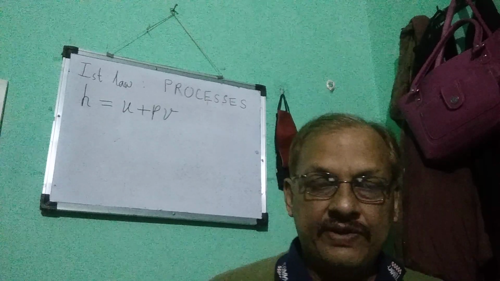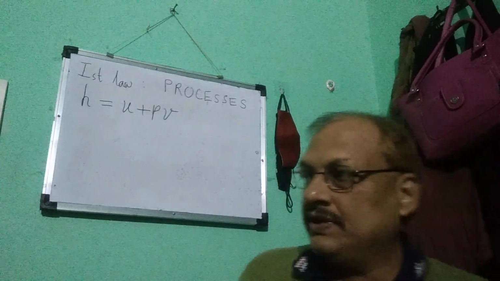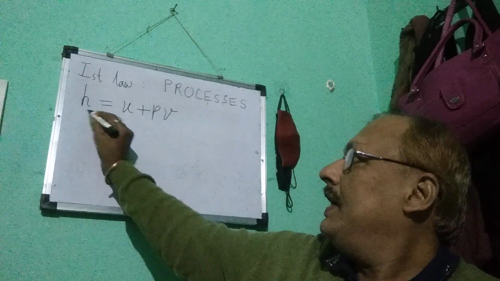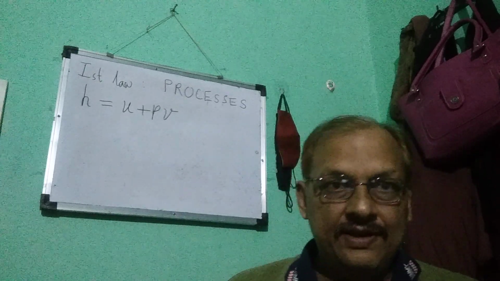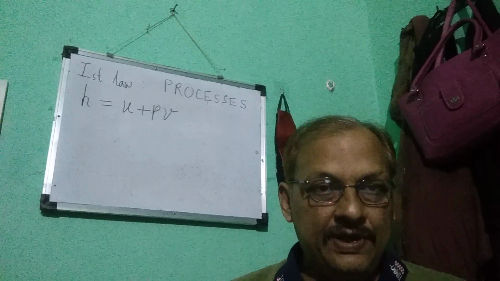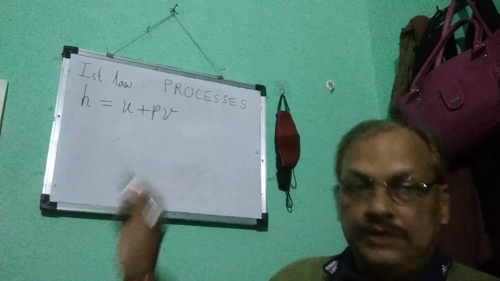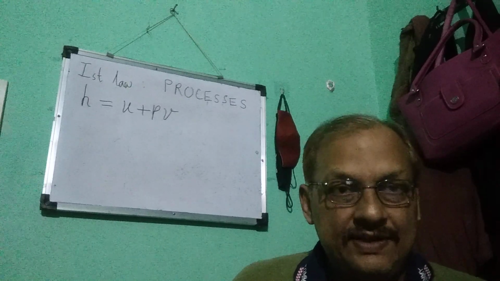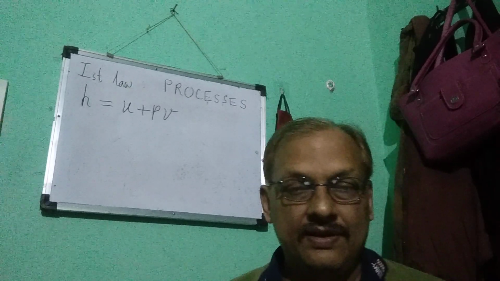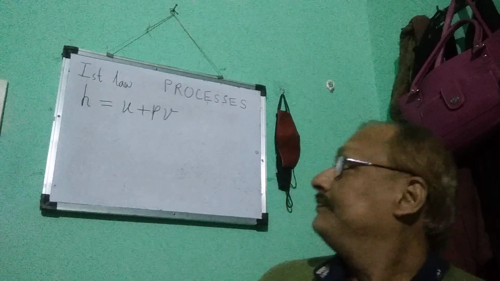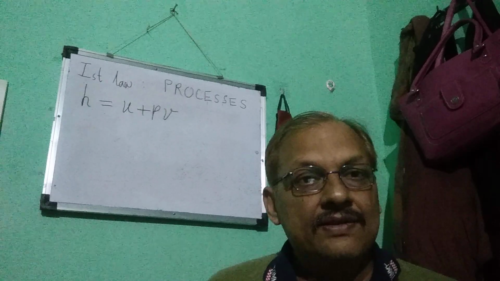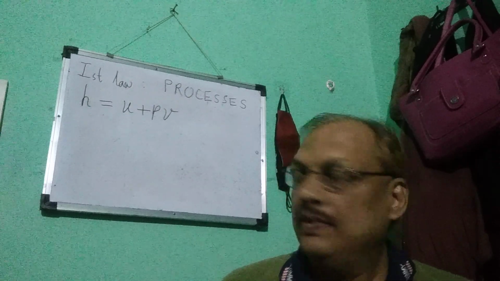So the governing equation of the first law of thermodynamics is h = u + pv. h is specific enthalpy, u is specific internal energy, p is surrounding pressure, and v is specific volume.